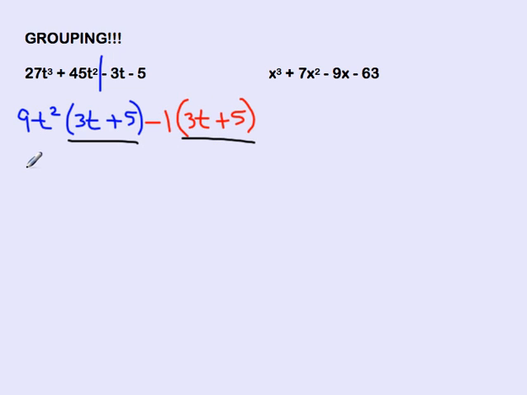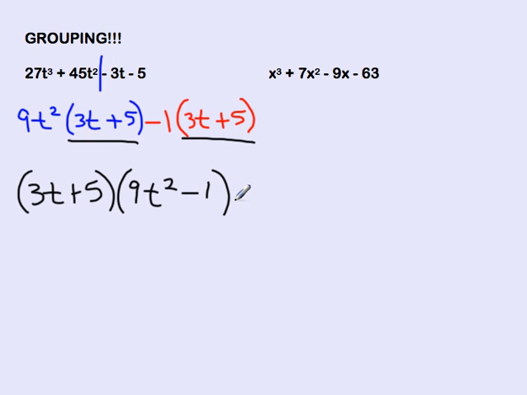And we're going to factor out the 3t plus 5. And the cool thing is you're going to write down what's left. Here in this first set of multiplication, 9t squared is left, so I bring that down. And then in this second multiplication, negative 1 is left over, so I bring that down.